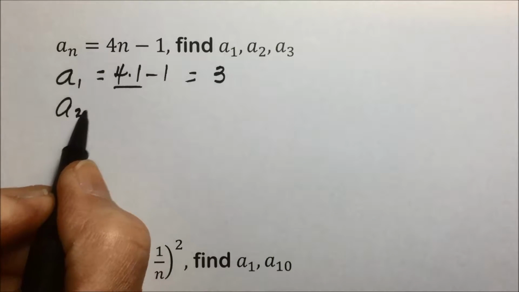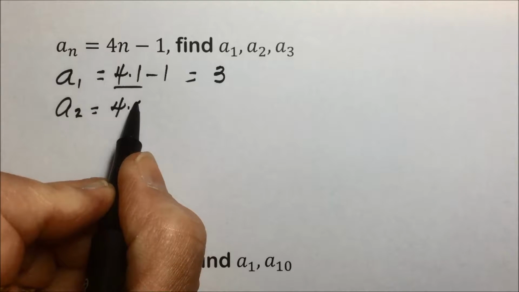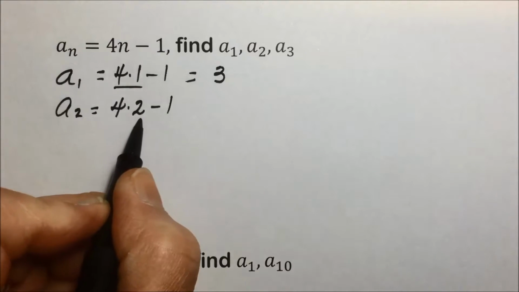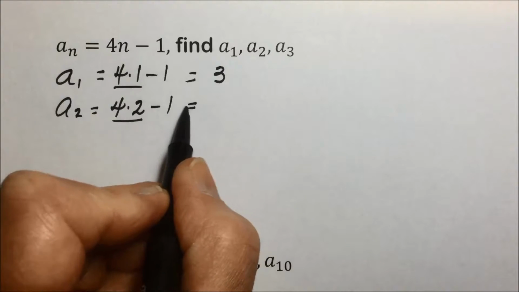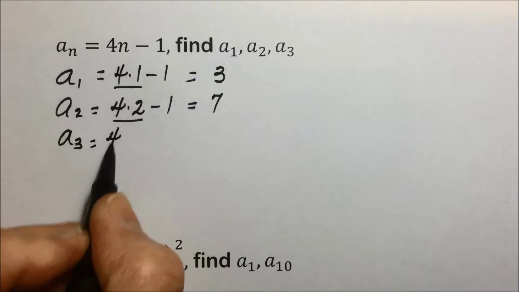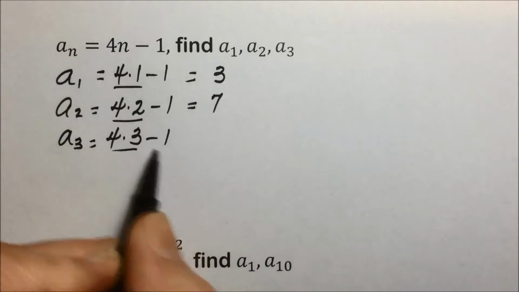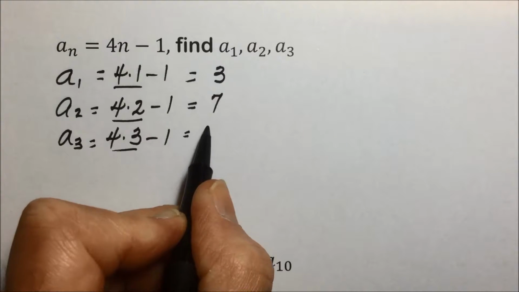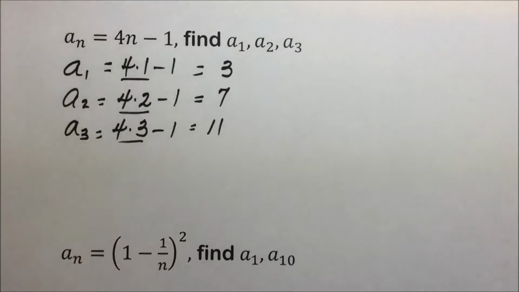The second term will be 4 times n, and our subscript and term number is 2. Multiply first, 4 times 2 is 8, minus 1 gives us 7, and the third term would be replacing n with a 3. Multiplying before subtracting, we have a 12 minus 1 is 11. So the first 3 terms in this sequence are the following.